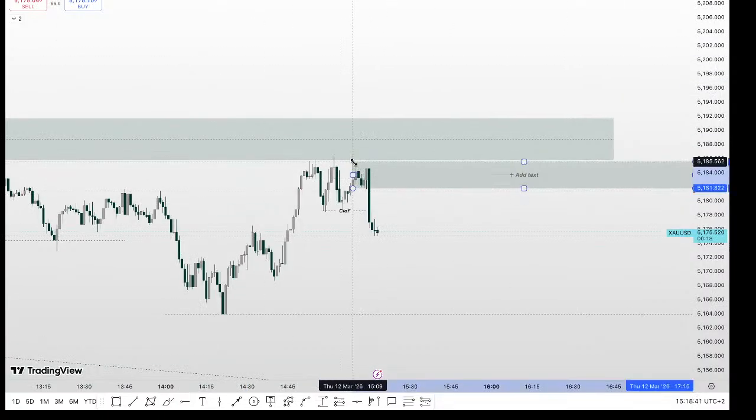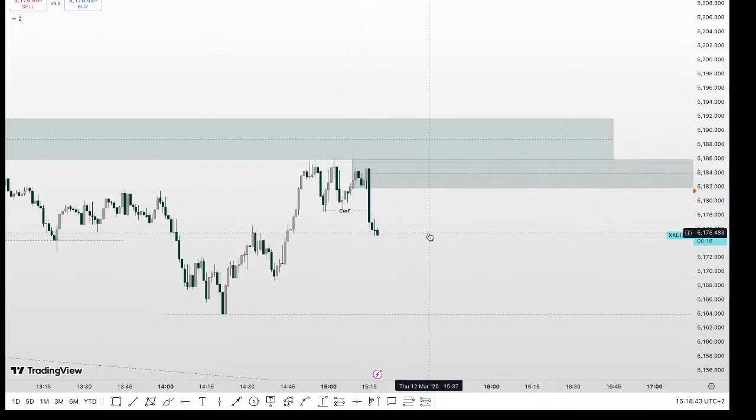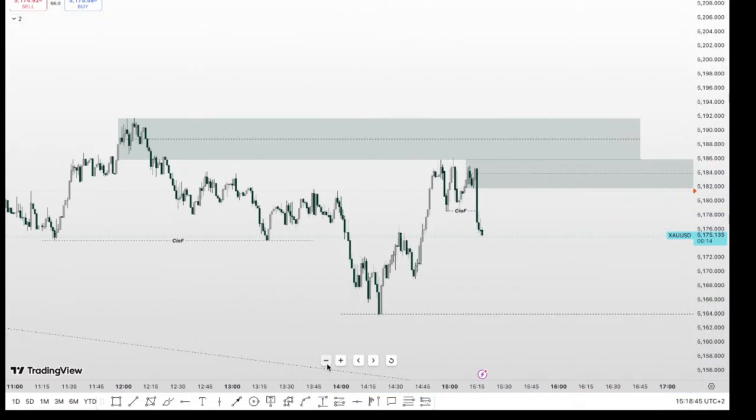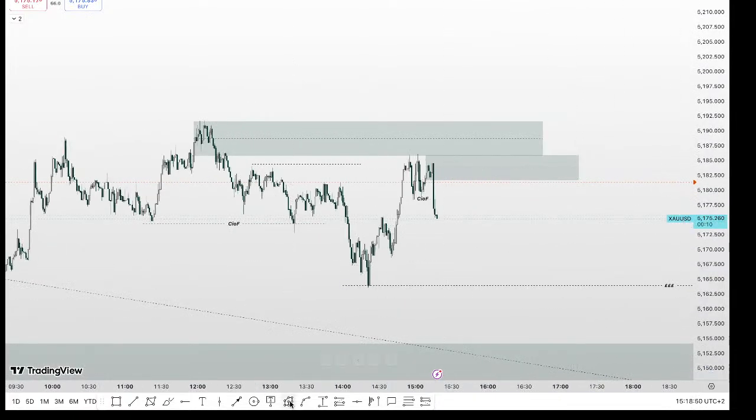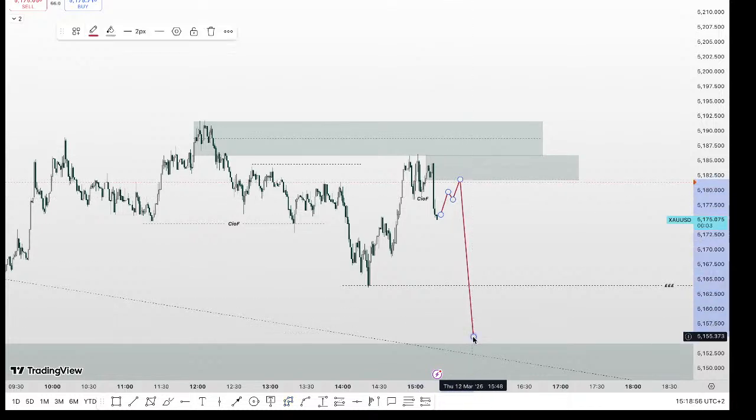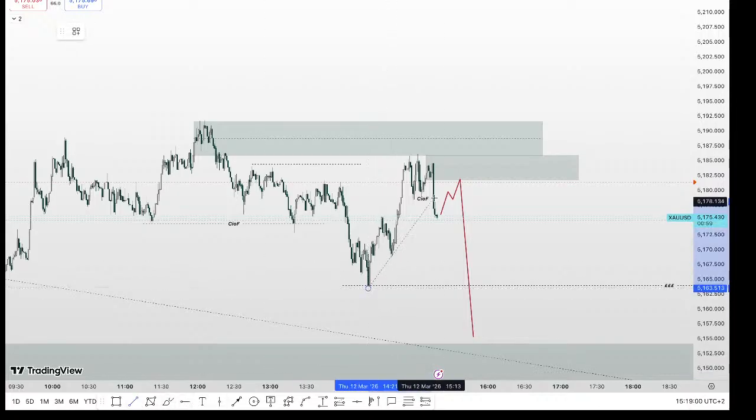I think that's where I'm gonna take my sells, if the market allows me to, of course. So I just need a confirmation, and then I'm gonna drop it.